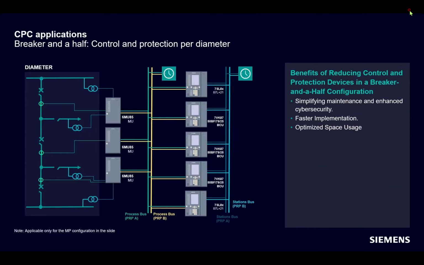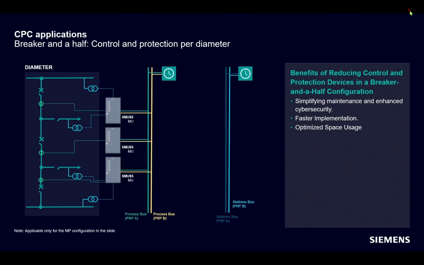The same applies for main 2. In addition, we have one relay per circuit breaker to execute breaker failure protection, auto reclose function, SyncroCheck, and bay control functionality. This means many devices, more wiring, and higher complexity.